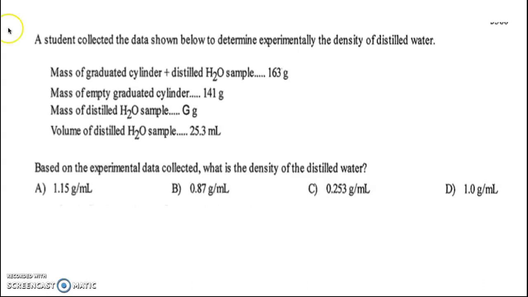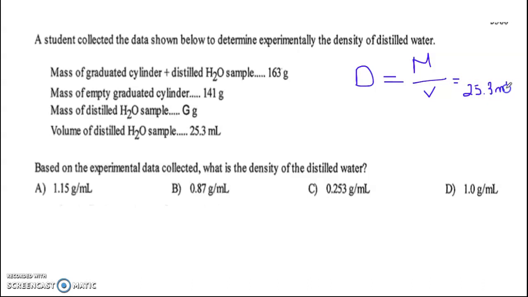What we're going to do first is we have been provided two masses. We don't know the mass of the distilled H2O sample, meaning we can't use density yet, because remember, density equals mass divided by volume. We have the volume. The volume we know is 25.3 milliliters.